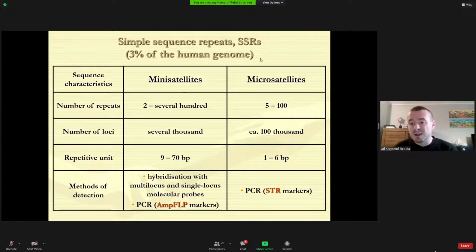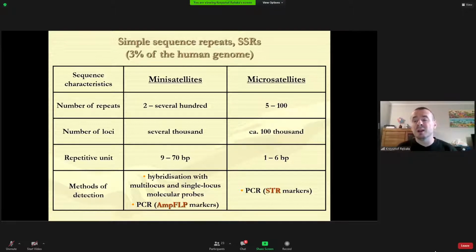Microsatellites are generally the markers of choice because of the length of the repetitive unit, which is much shorter than in case of minisatellites, so the sizes of the fragments amplified by PCR are shorter.